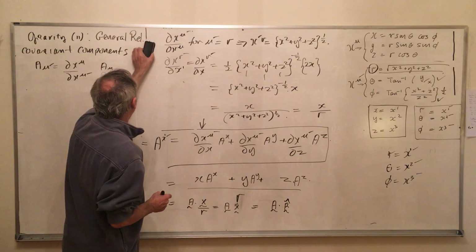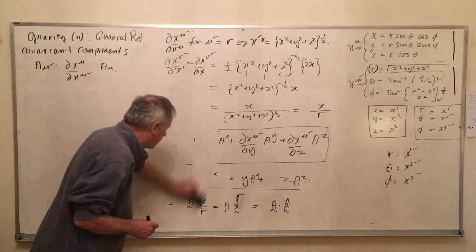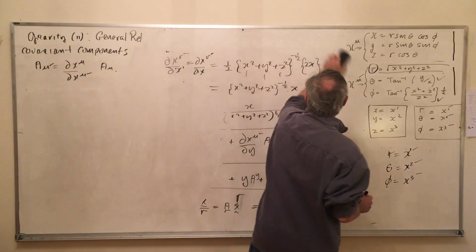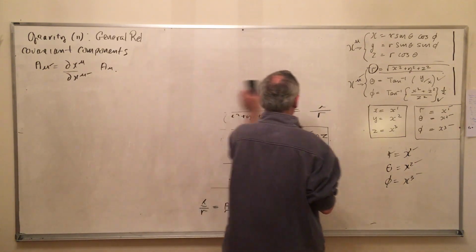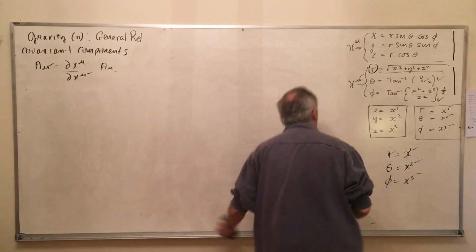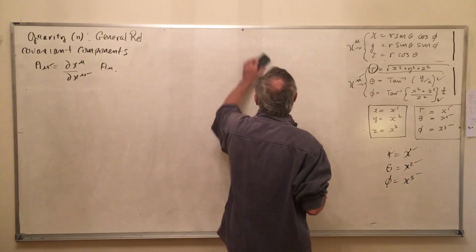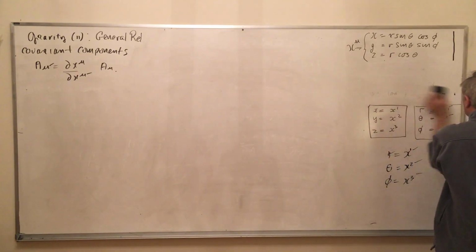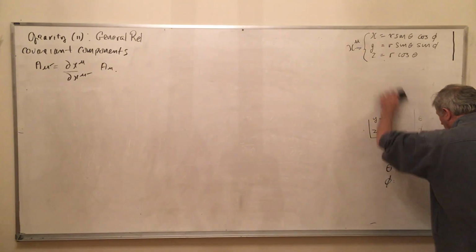Now to get covariant components, I use the original functions. I use these transformations. I've already used these ones. I don't need them again. Get rid of it, make space.